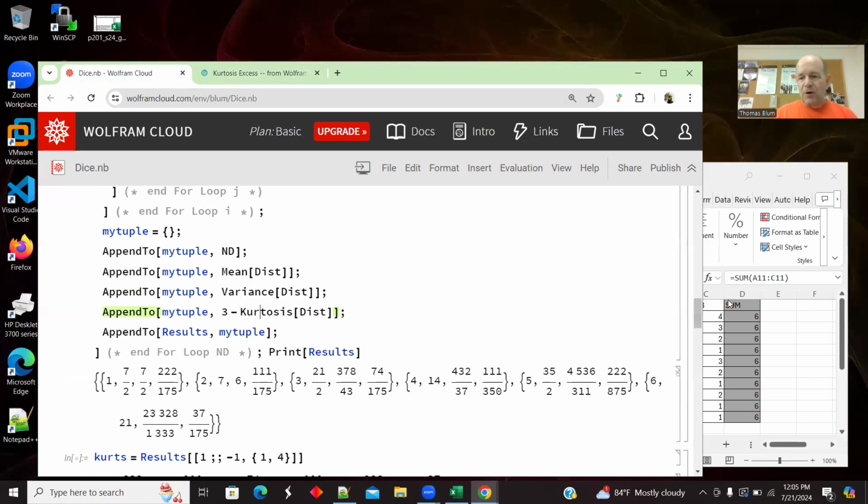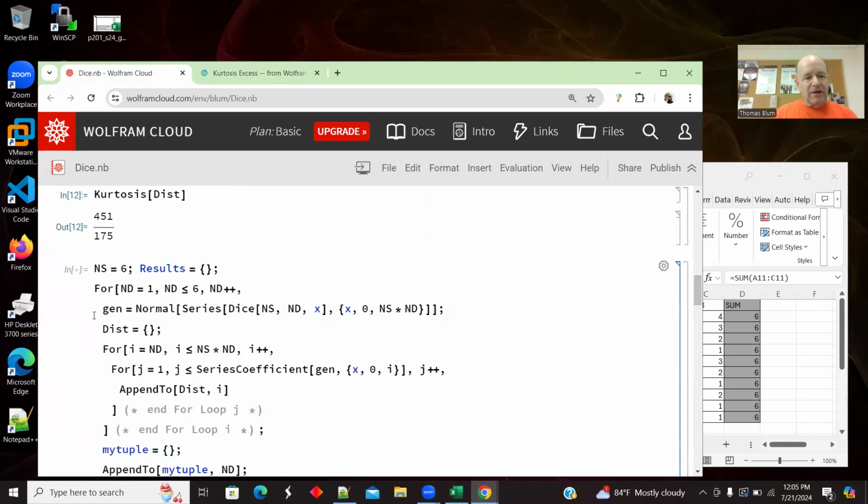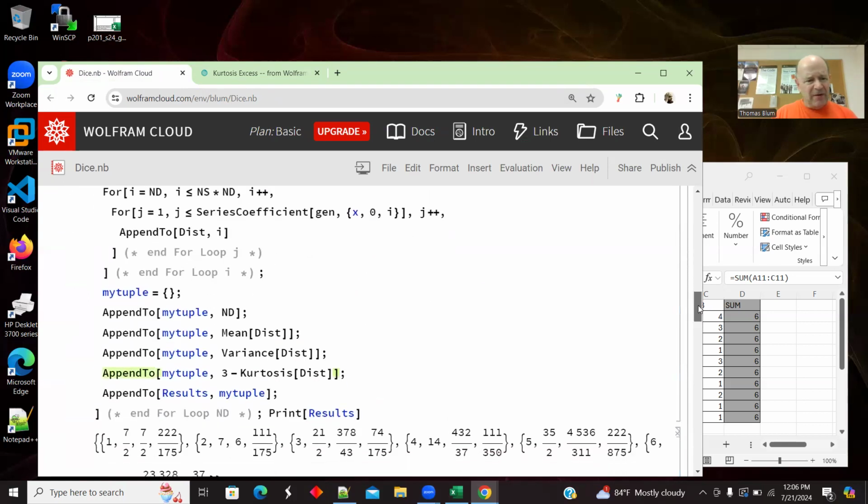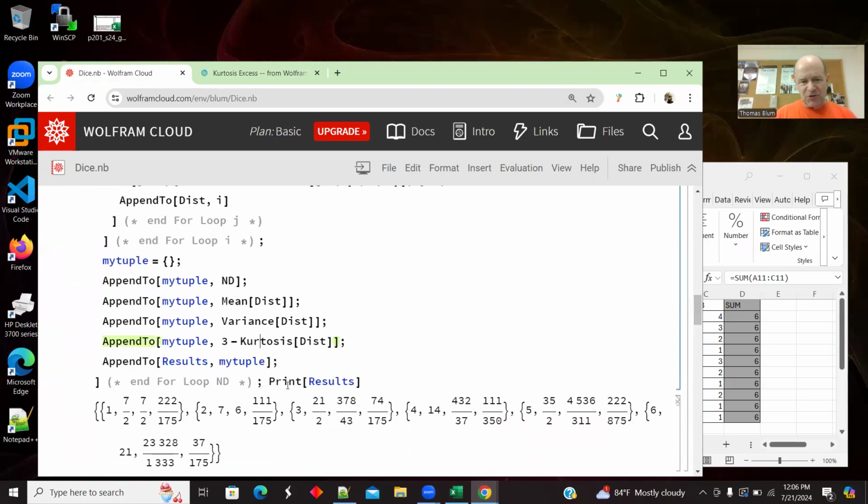So I'm using my generating function to generate this representative distribution. And then I'm getting the statistics for the distribution: the number of dice itself, the mean of the distribution, the variance of the distribution, and this, I'll call it the deficit kurtosis.